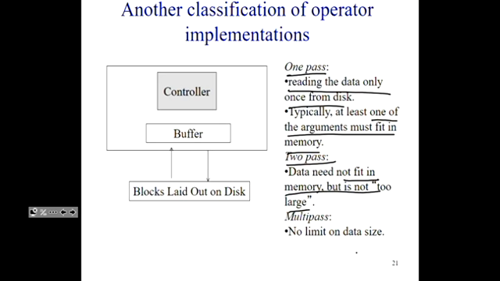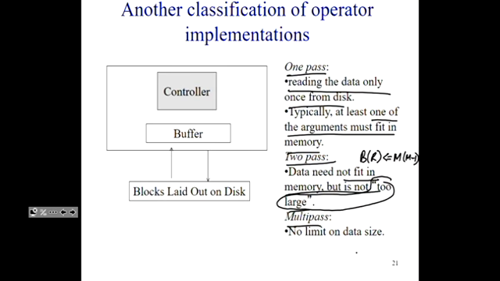Remember, even for sort scan, we had this constraint that B of R is less than or equal to M times M minus 1. This is not a very hard constraint because B of R in many cases is smaller than M times M minus 1. But basically this says that the relation R is not too large. The multi-pass categorization basically has no limit on data size.